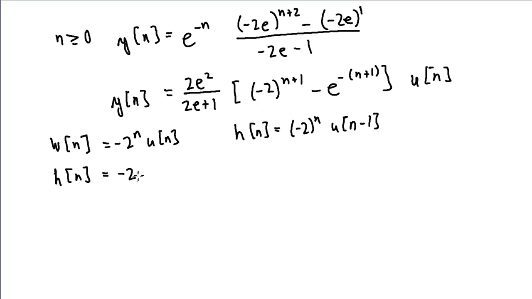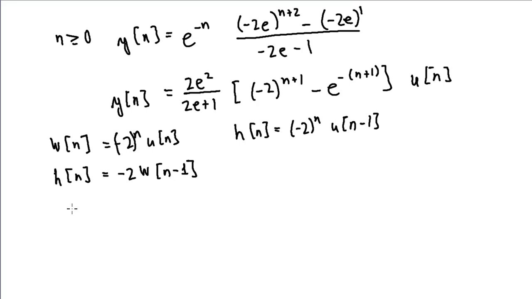It's just minus 2 times w of n minus 1. So h of n is an amplitude scaled, shifted version of w of n.